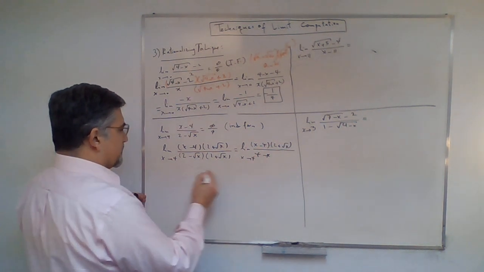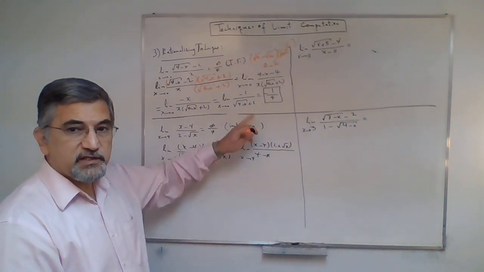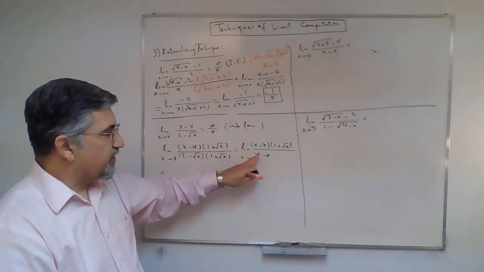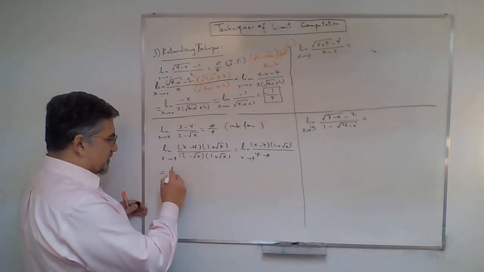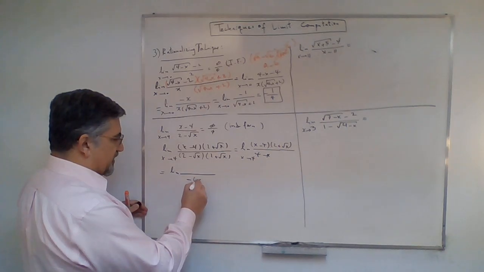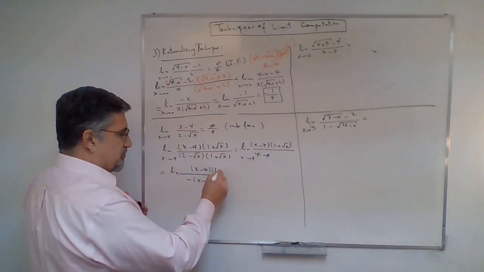X approaches 4. Now we see that x minus 4 and 4 minus x cannot directly be cancelled out. But if you factor negative 1 out in the denominator, then you can. So we end up with limit of negative x minus 4, so now we have exactly x minus 4 in the top and in the bottom, both.